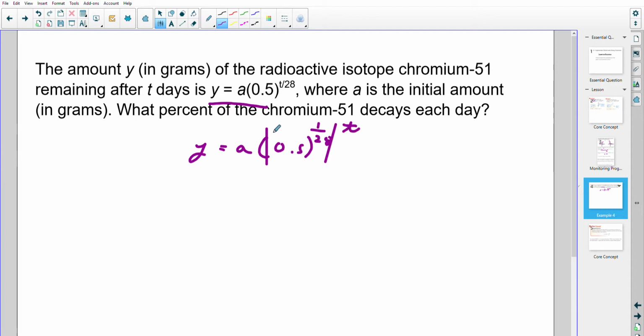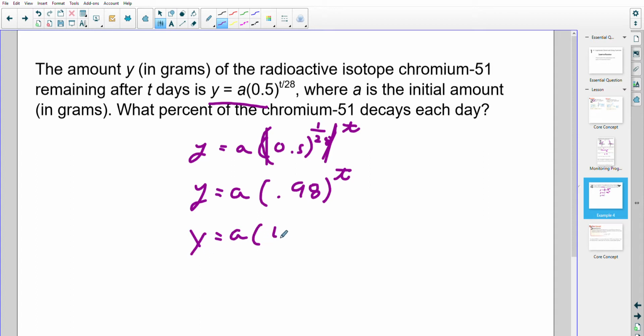All right, and so what you get here when you plug that in is y equals A times 0.98 to the power of t, which means y is equal to A times 1 minus 0.02 to the power of t, which means that it's going to be a decay of 2% each day.